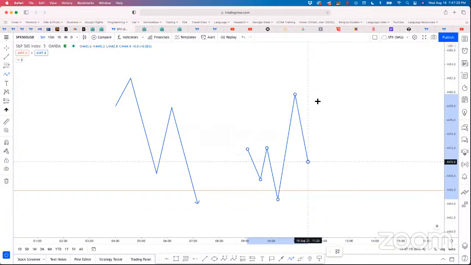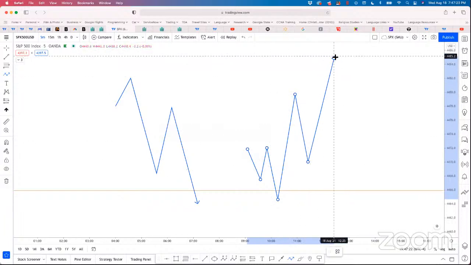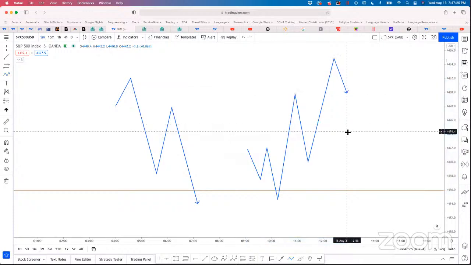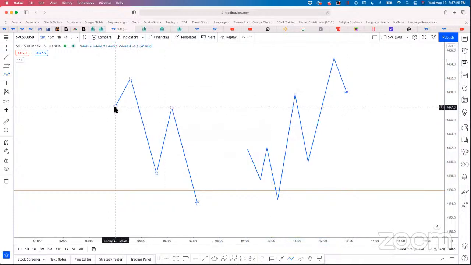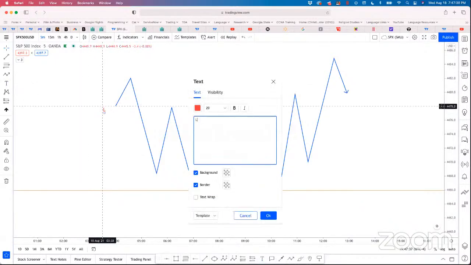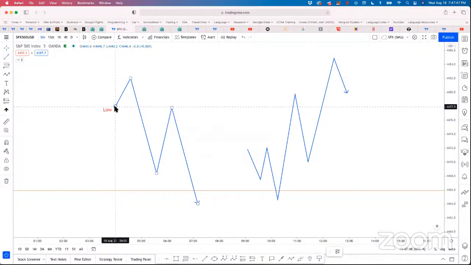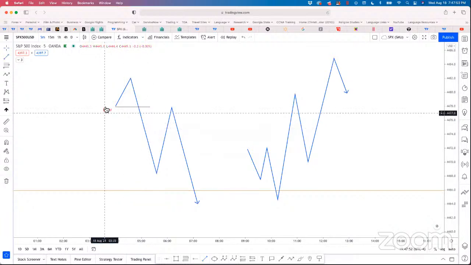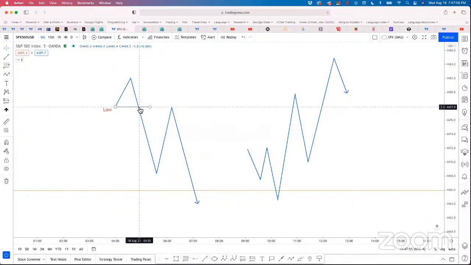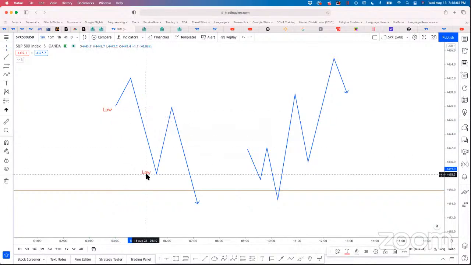Bullish, right? Think about this as a low right here. When you see this low, you're taking out right here. This low gets taken out right here. And then you see a new low made.